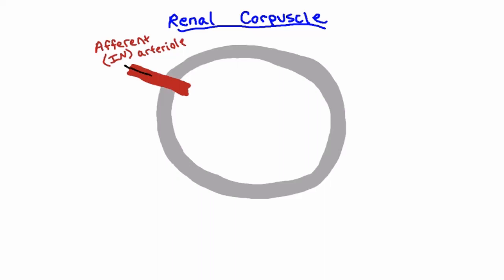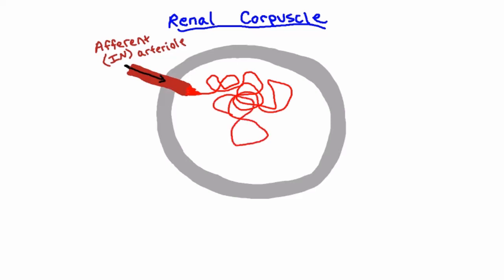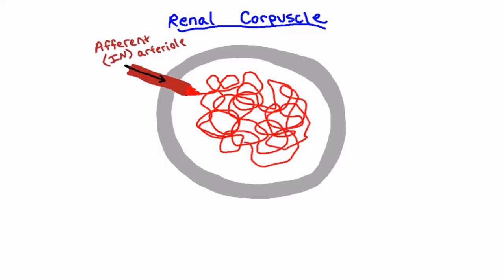So the blood flow comes in this way, and then they get skinnier and they turn into capillaries, and the capillaries are all in this bunch, forming the glomerulus inside the Bowman's capsule.